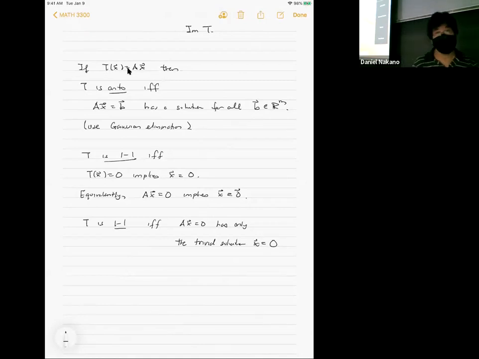So if I take a homogeneous system of equations, I want to show that you only have the trivial solution. Namely, you can't have any free variables once you do Gaussian elimination. So you can use Gaussian elimination here to also check whether T is 1-to-1 or not.